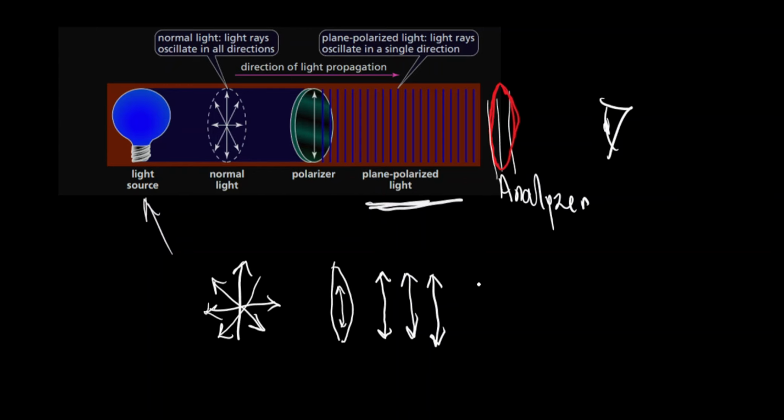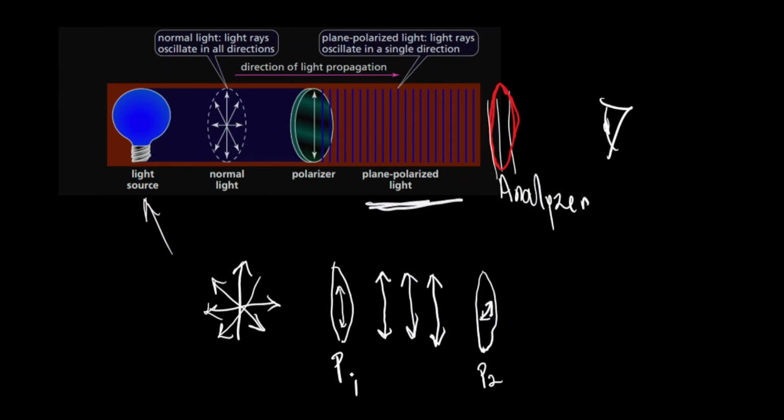Now, if we have another polarizer whose axis of polarization is perpendicular to this, that means the axis of polarization of this second polarizer would be horizontal, such that it's perpendicular to P1. So let's place P2 here. Its axis of polarization is horizontal, perpendicular to that of P1.